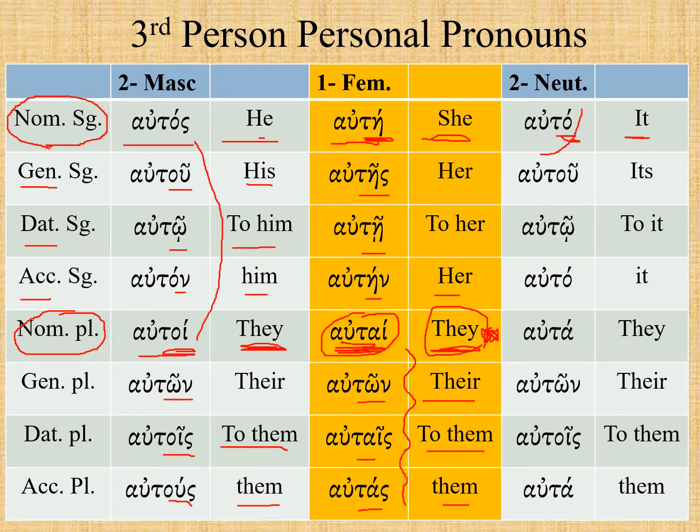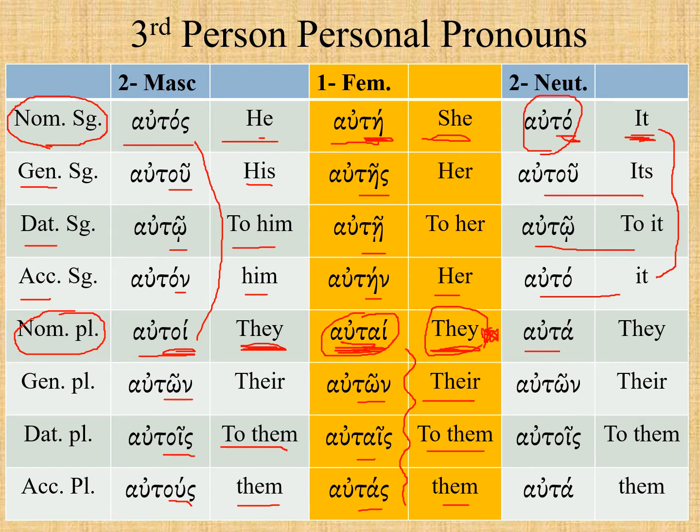Similarly, auto is it, the neuter form of the word autos. And autou is its, auto is to it or for it or in it, and auto is it, always keeping in mind that the neuter nominative singular and neuter accusative singular are identical.